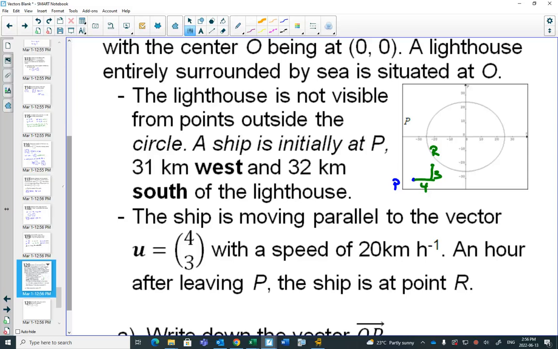That's a lie. Because if I go 4 in that direction and 3 up, then what's my length? 5. And then that would be a speed of 5. But we're told it's going in this direction with a speed of 20. In other words, it would have to be 4 times longer.